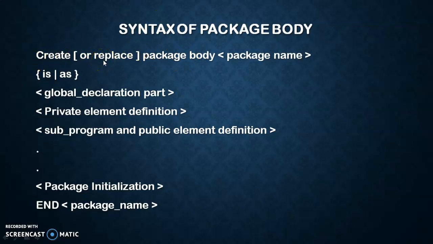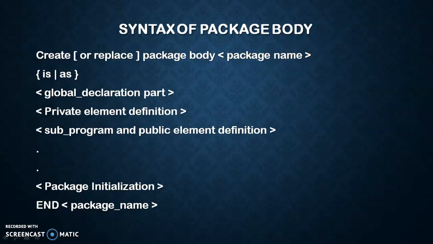Create or replace will be repeated, the same as in the package specification. So here it also will remain the same: create or replace package body. In the specification we write package only; here we will write package body and then the name of the package.